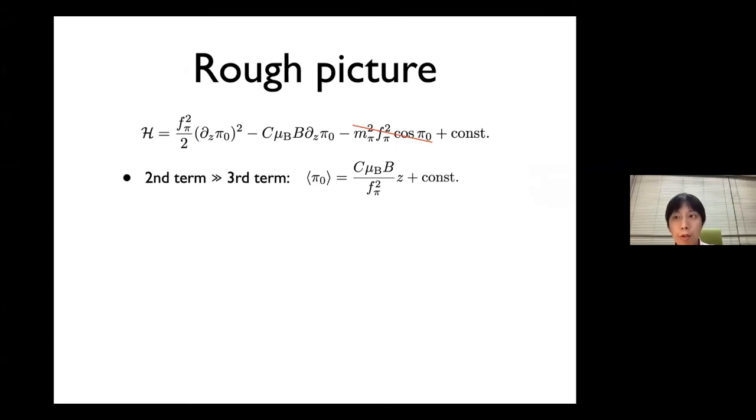For that purpose, let us consider two extreme situations. Here is the Hamiltonian again, and let us first consider the situation where the third term is negligible compared with the second term.